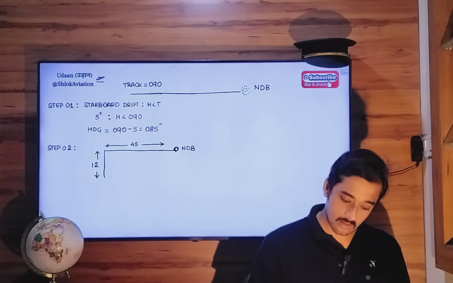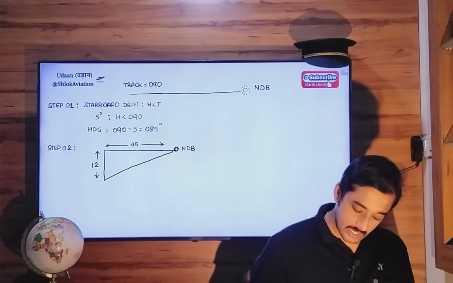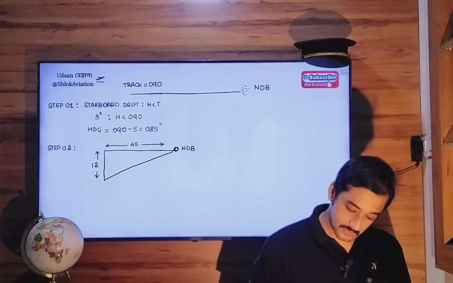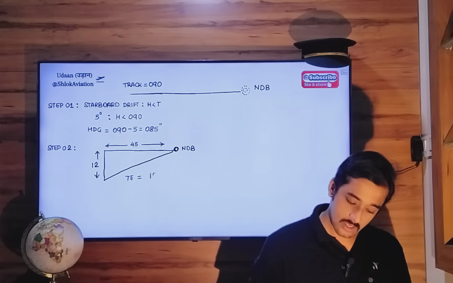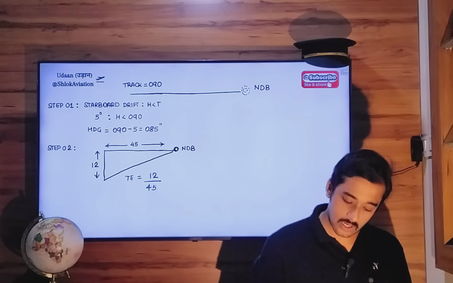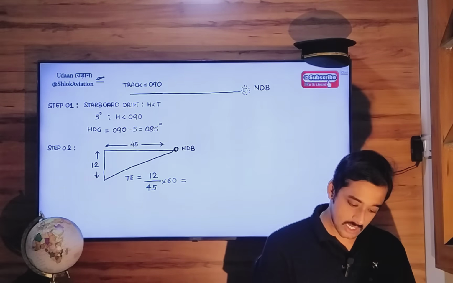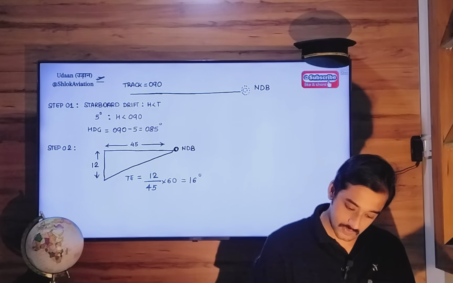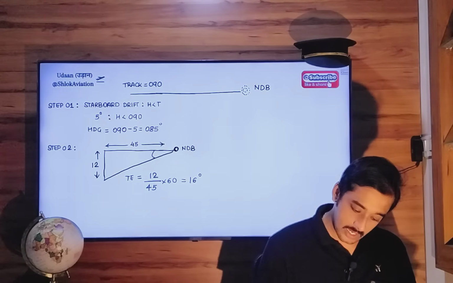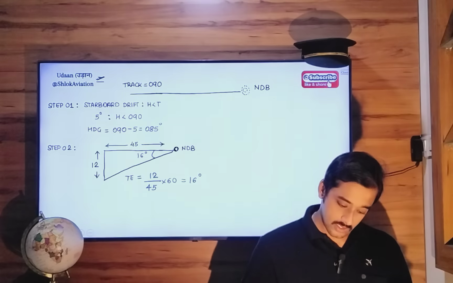That means track error is distance off track divided by distance gone, into 60. So 12 into 60 divided by 45 is 16 degrees. Track error is 16 degrees.